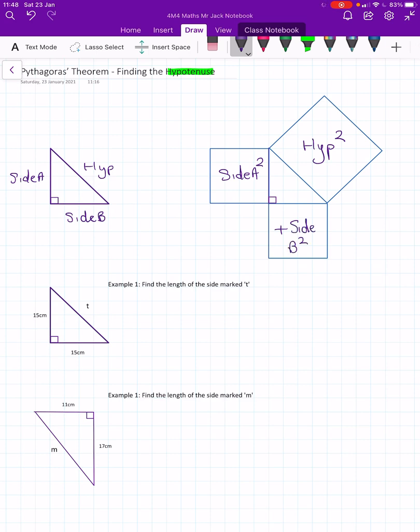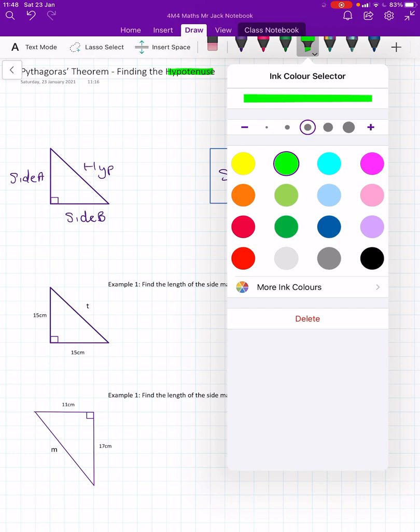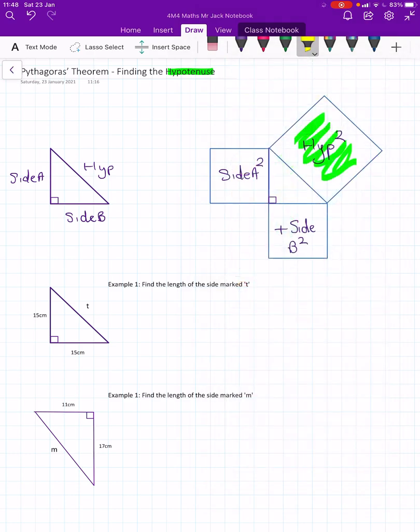In other words, this large square would be equal to these two smaller squares added together. So the sum of the two small sides squared is equal to the hypotenuse squared. That's what that theorem actually tells us.